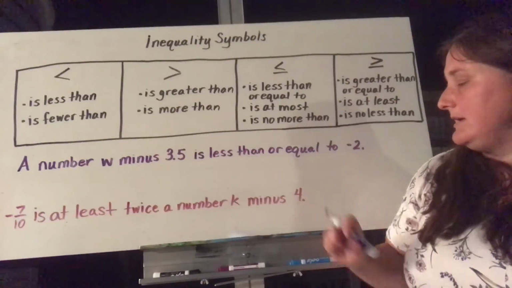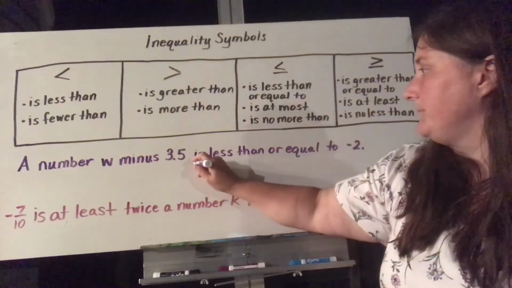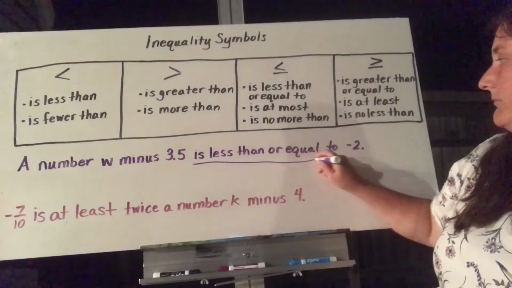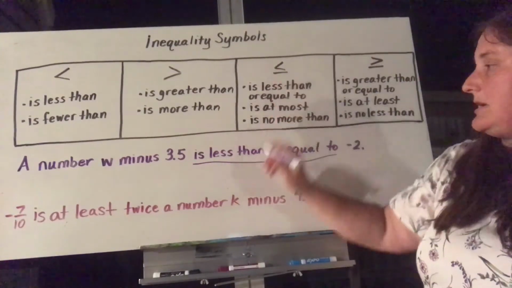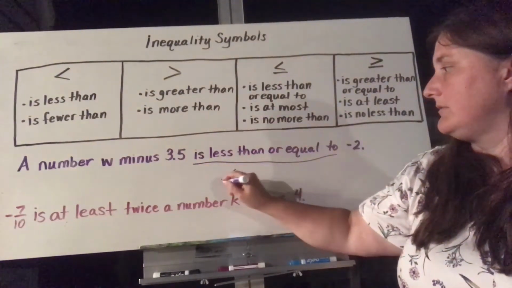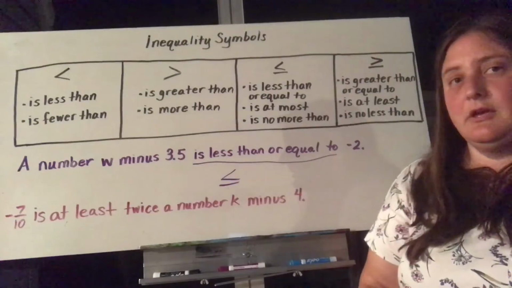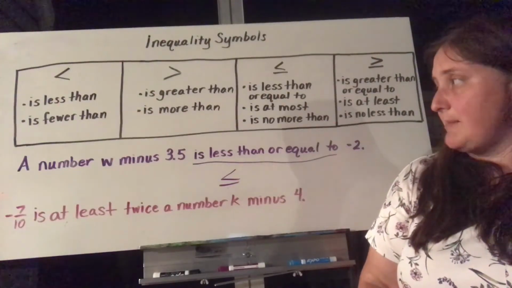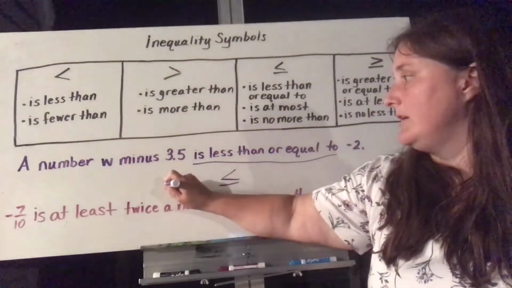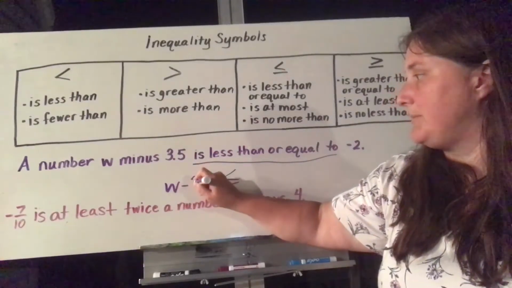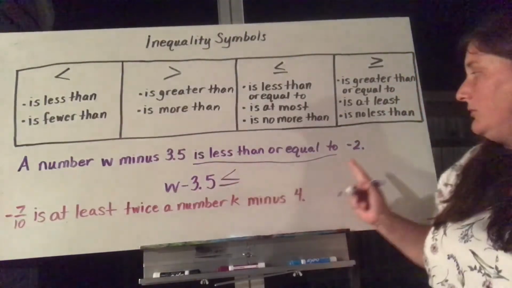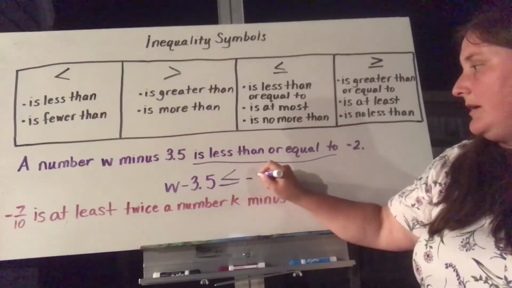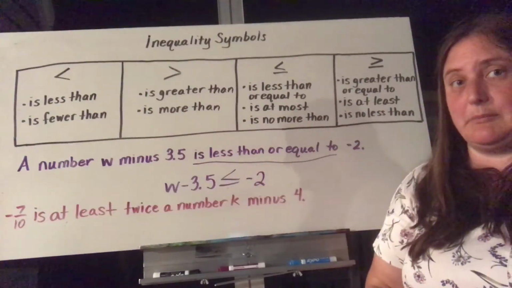And I see is less than or equal to, which basically tells me that I'm going to be using this symbol right here, less than or equal to. So they said a number w minus 3.5, so w minus 3.5 is going to be less than or equal to -2. And there is my inequality statement.